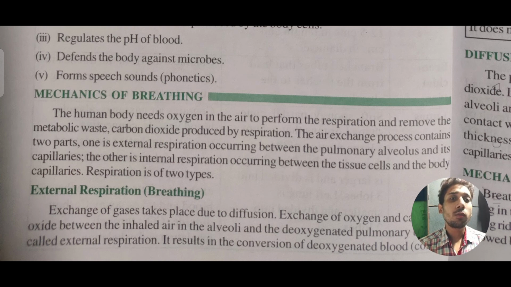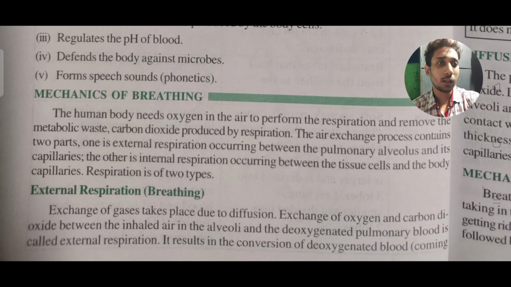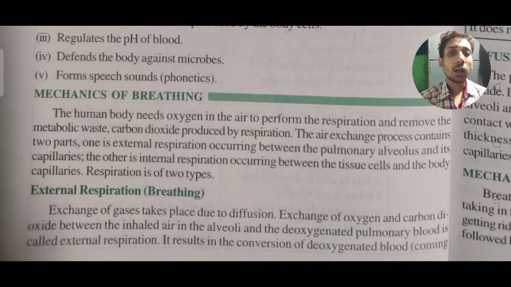We are going to learn in detail about external respiration here. What is external respiration? The exchange of gases takes place due to diffusion, exchange of oxygen and carbon dioxide between the inhaled air in the alveoli and deoxygenated pulmonary blood, and it is called external respiration.